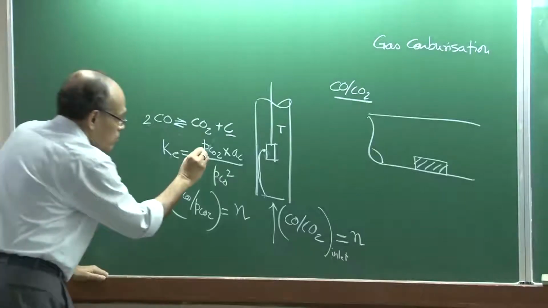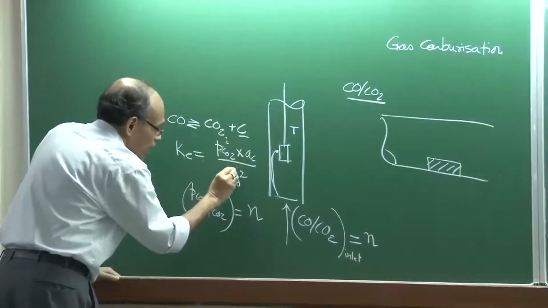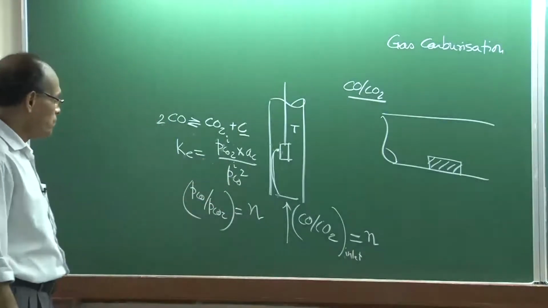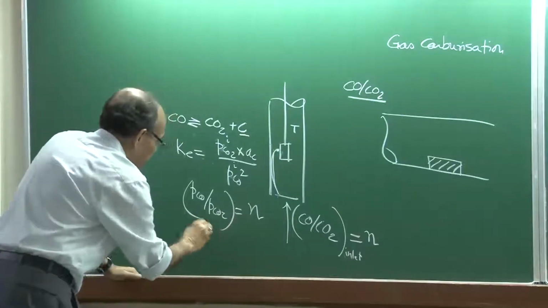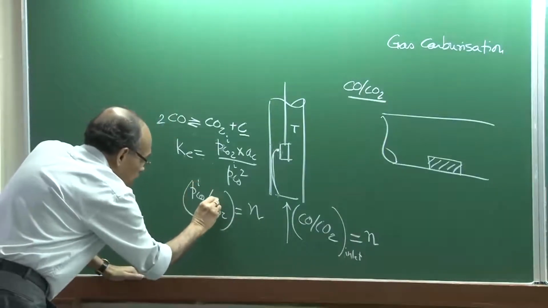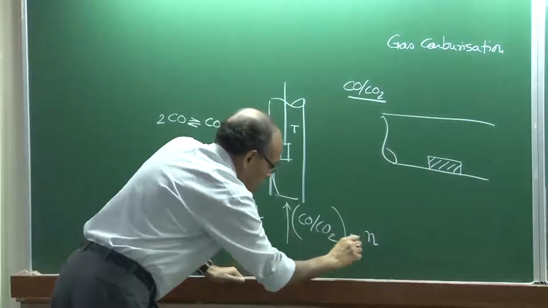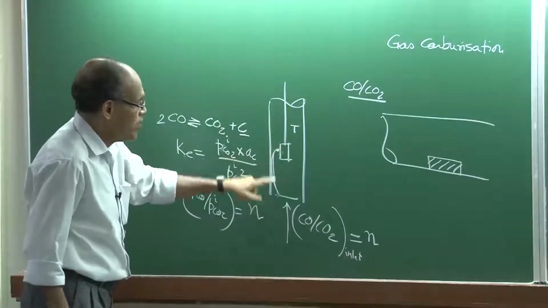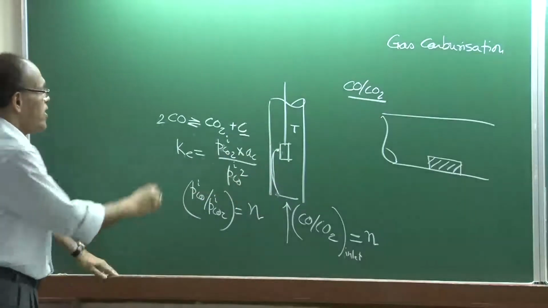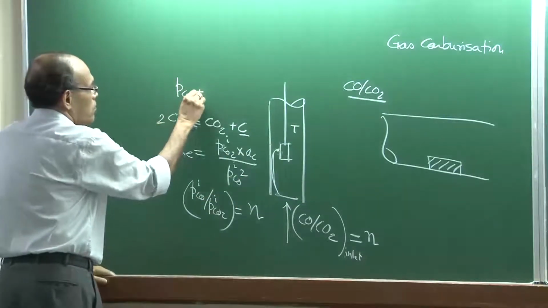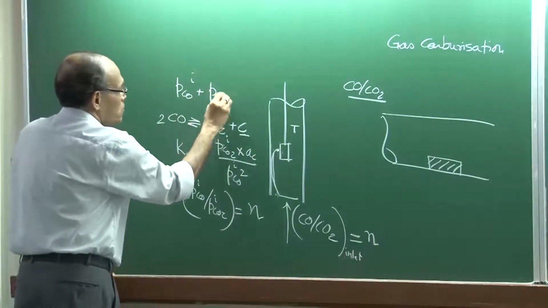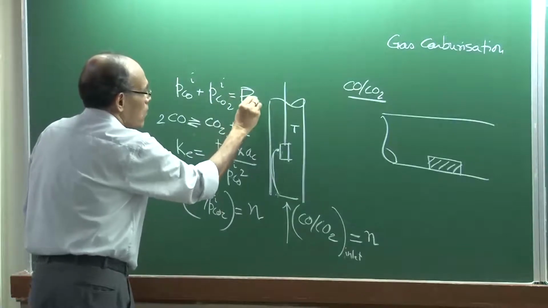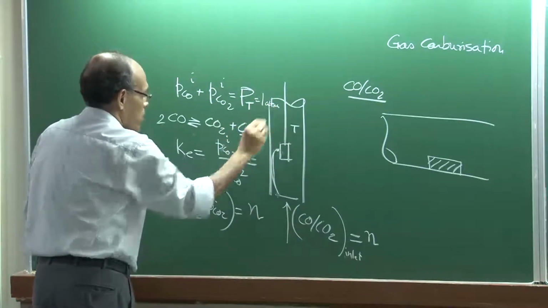If I say this is PCOI square and PCO2I, then we can say that this I is equal to this and is equal to n, because there is no gradient between here and here. And then we can say the total pressure, which may be taken to be 1 atmosphere.